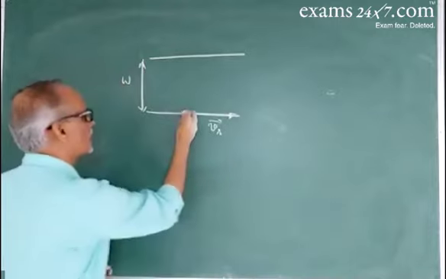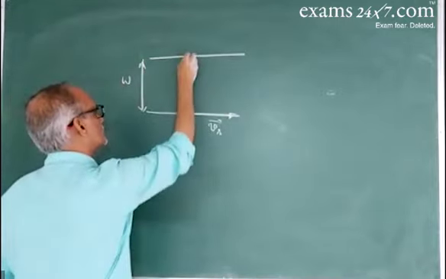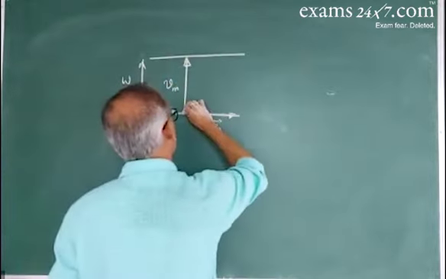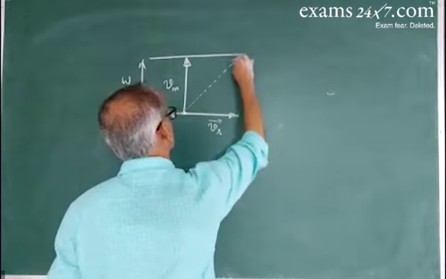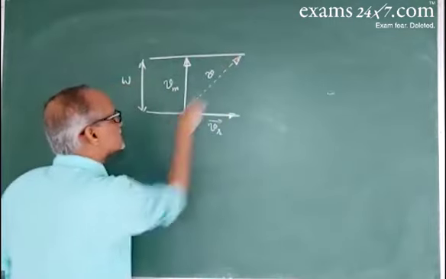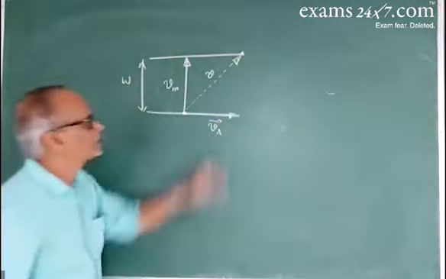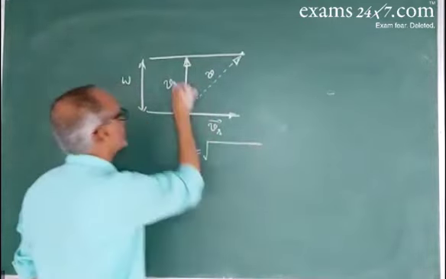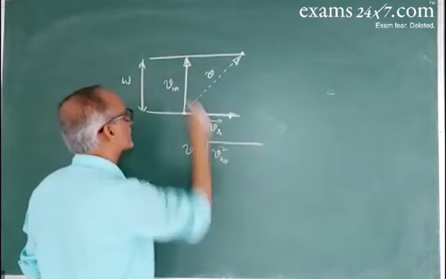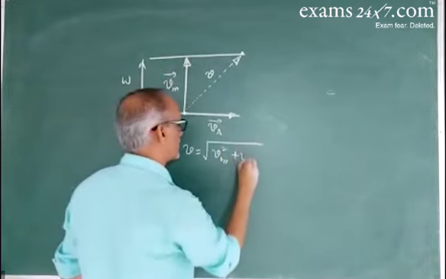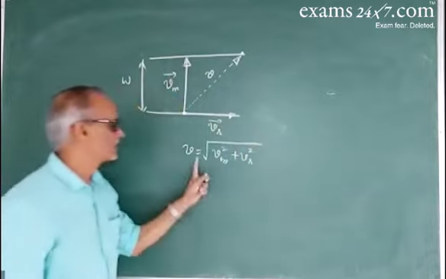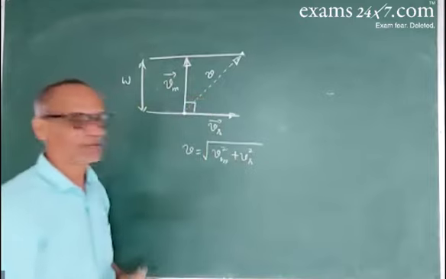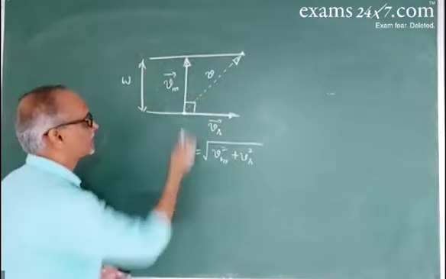So therefore now, the person has to swim in this direction, Vm, so that the resultant acts along this direction, so that finally the person reaches the other end of the bank with a resultant velocity V, which is given by root of Vm square plus Vr square. That's of the format root of P square plus Q square, because the angle between the two vectors is equal to 90 degrees.